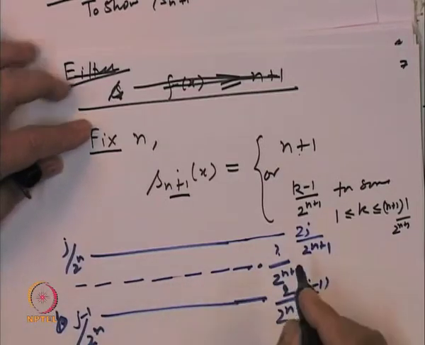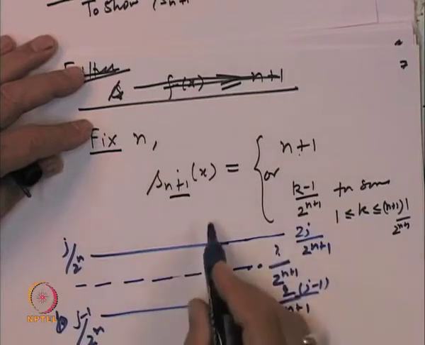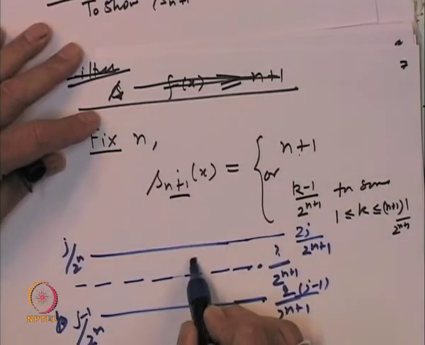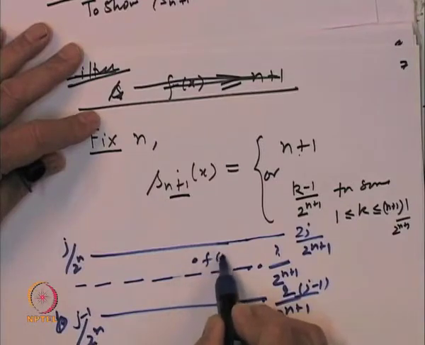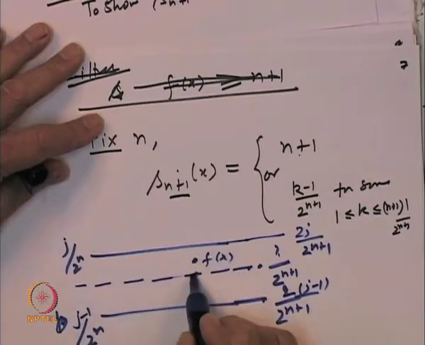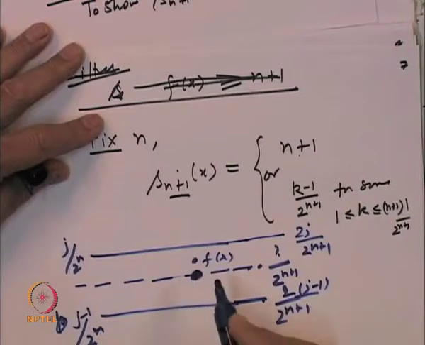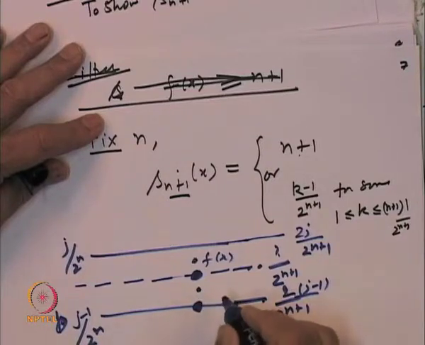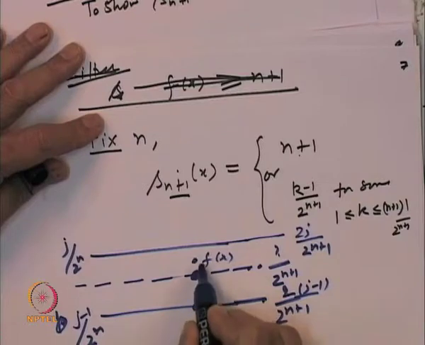Now, depending on f of x, if f of x is here, then this is the value of S n plus 1, and if f of x is here, then this is the value of S n plus 1. So, either f of x will be here or it will be here.